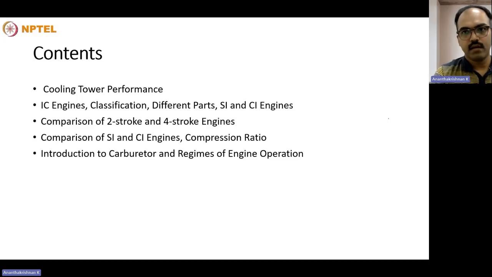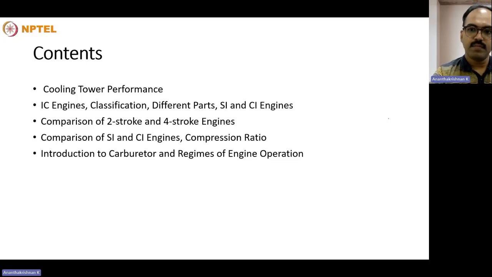That is given by the adiabatic saturation temperature, which is almost equivalent to the wet bulb temperature. So the incoming air's wet bulb temperature can give the outgoing water's cooling temperature. Water at that particular temperature will be used to cool the steam in the condenser.